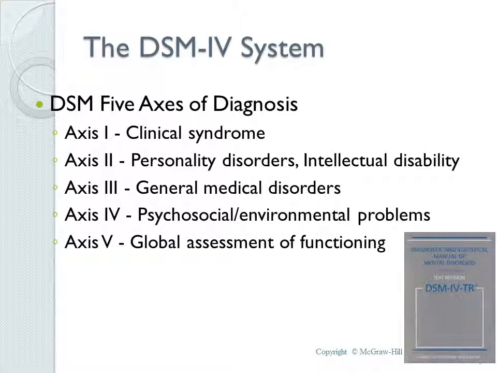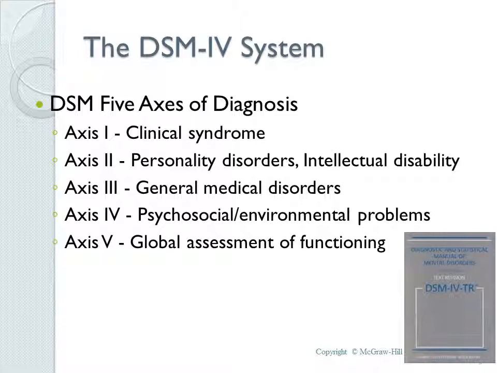That means that there's nothing on there. First, on axis 1, this is your primary clinical syndrome. This is basically the reason that you are seeking treatment. Something like major depression, some kind of anxiety disorder, eating disorder would go on axis 1. On axis 2, only personality disorders or intellectual disability. Those are the only things that are included on axis 2.